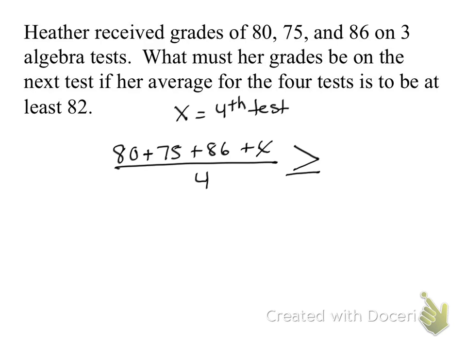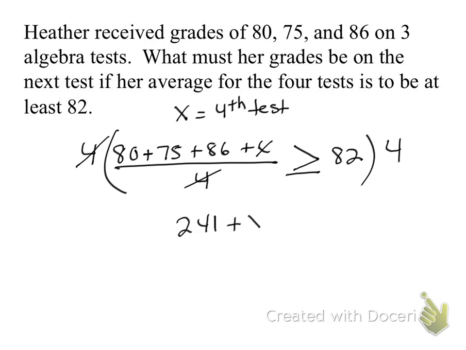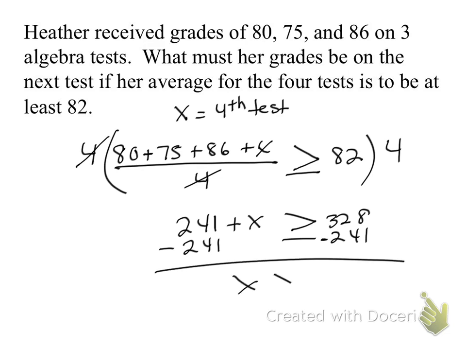That whole thing has to be greater than or equal to 82 in order for me to get that B. Right away, I probably want to clear that 4 and multiply by 4.